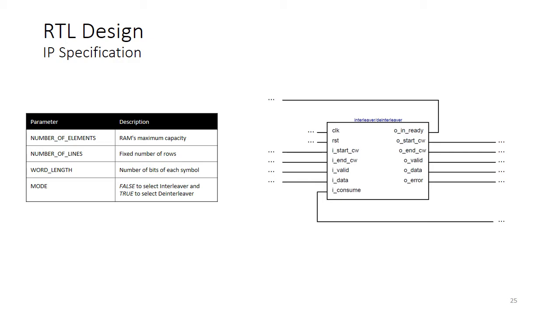For the outputs, we have o_in_ready, which indicates that our block is ready to receive new input symbols, o_start_codeword, o_end_codeword, and o_valid, which work in the same way as their input counterparts. o_data, which is the output serial data port, and finally, o_error, which indicates an error status of the system.